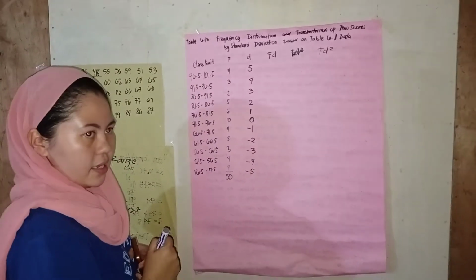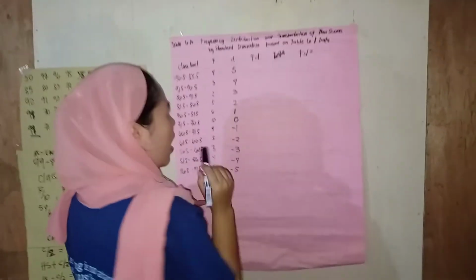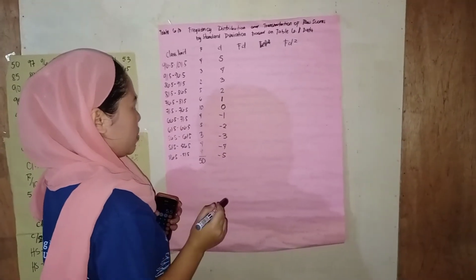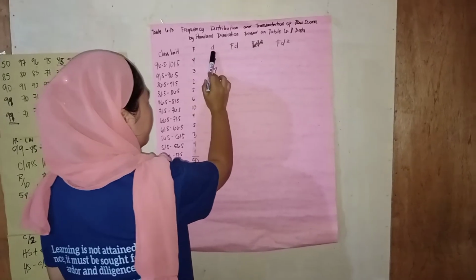So next is frequency deviation. How to get the frequency deviation? We need to multiply the frequency and deviation.